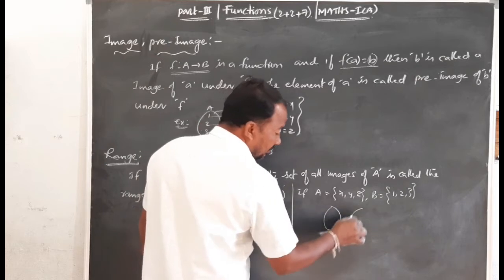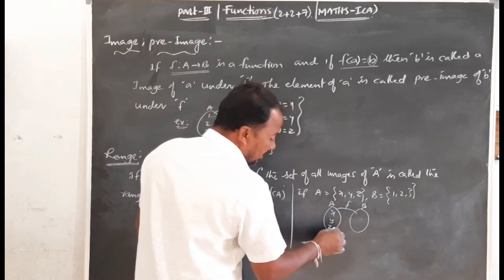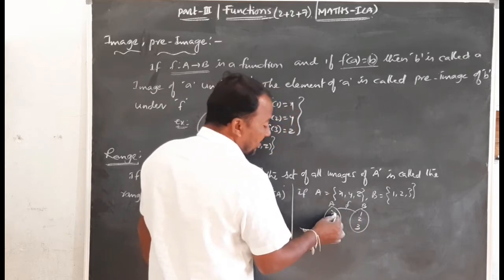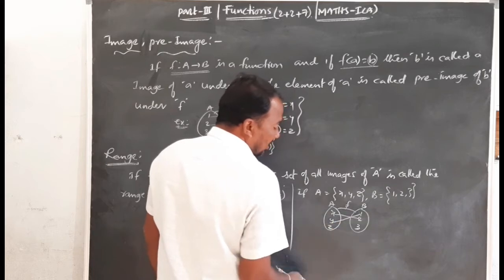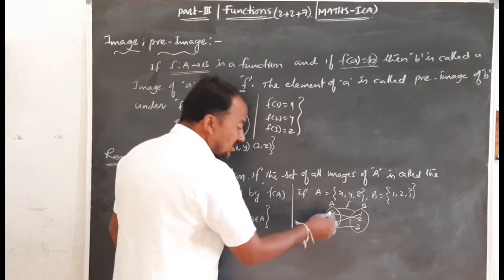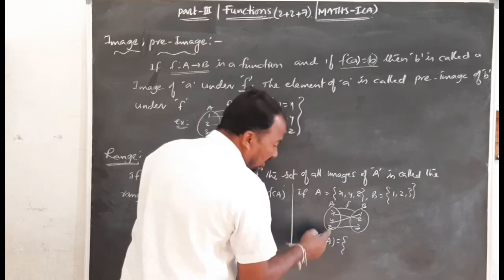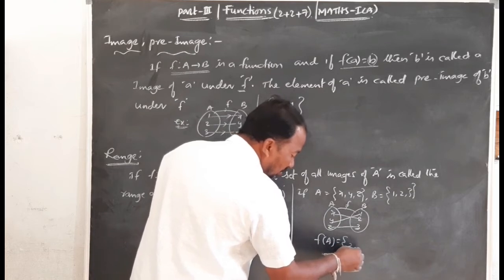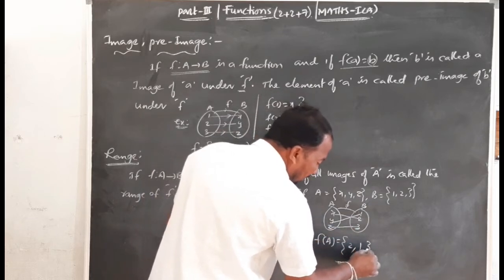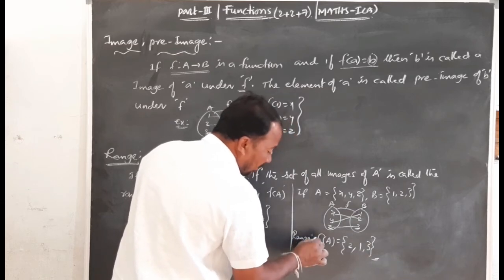So the mapping f from A to B: x, y, z are the domain elements, and 1, 2, 3 the codomain. The image of x is 2, the image of y is 1, the image of z equals 3. So the set of all images of A, that is f of A, is equal to the set of the image of x equals 2, the image of y equals 1, and the image of z equals 3. This is called the range.